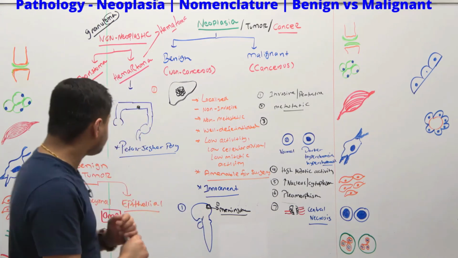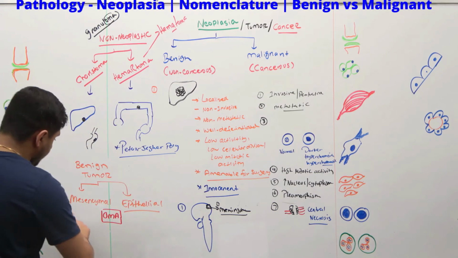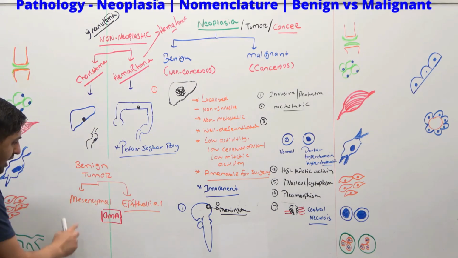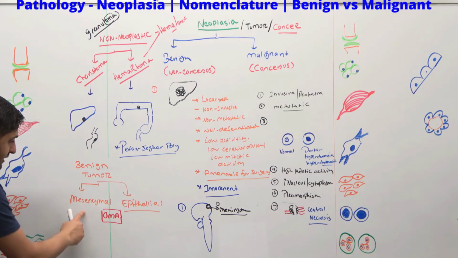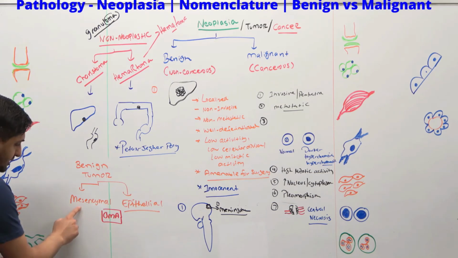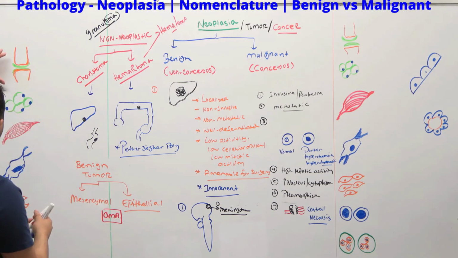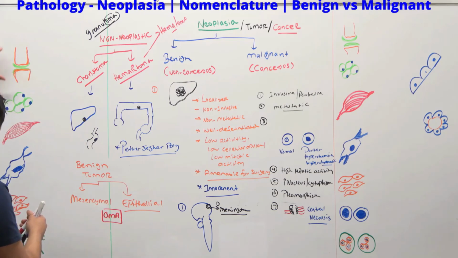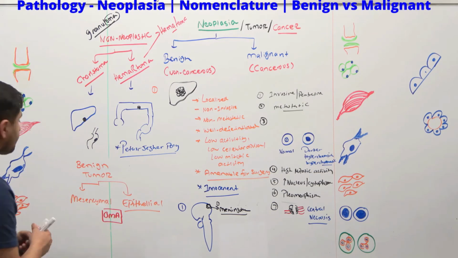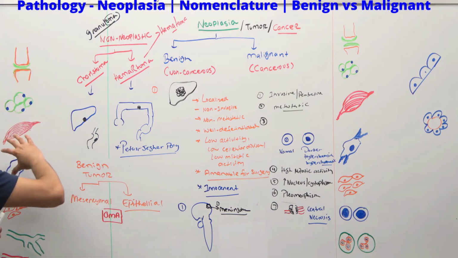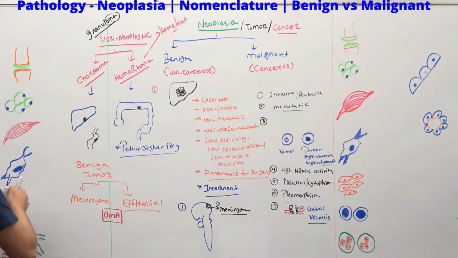Now, let's talk about the mesenchymal ones. How do we name them? The derivatives of mesenchymal cells are, if you look at this structure right here, all of these structures I drew here are mesenchymal, and we're talking about benign tumors.